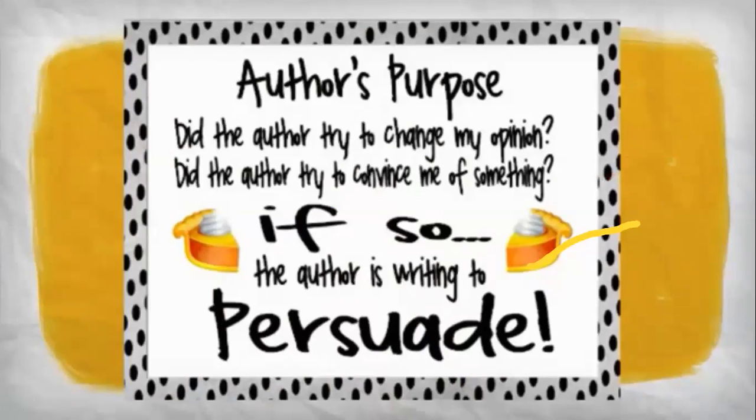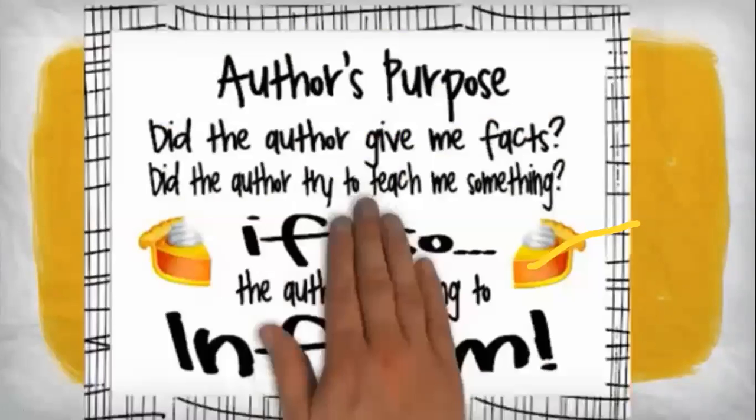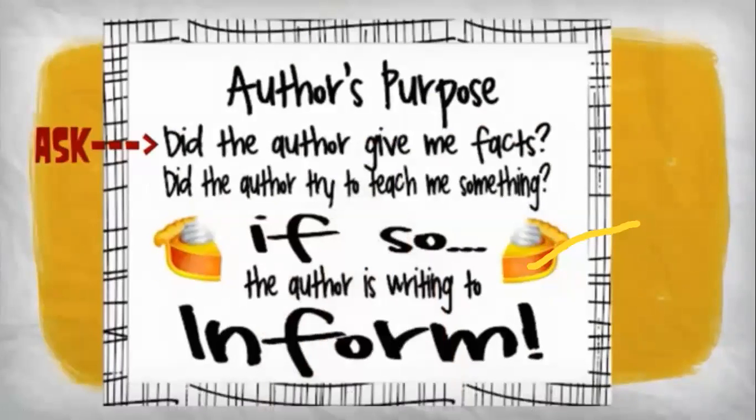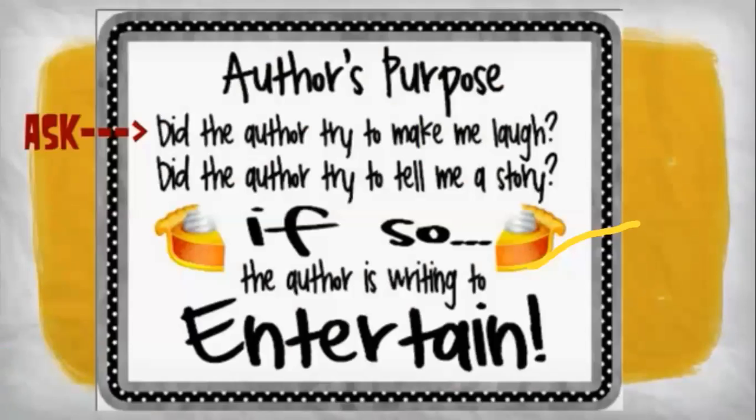If so, he was trying to persuade me. Author's purpose. Did the author give me facts? Did the author try to teach me something? If so, he was trying to inform me of good information. And lastly, I need to ask, did the author try to make me laugh? Did the author try to tell me a story? If so, he was looking to entertain me.